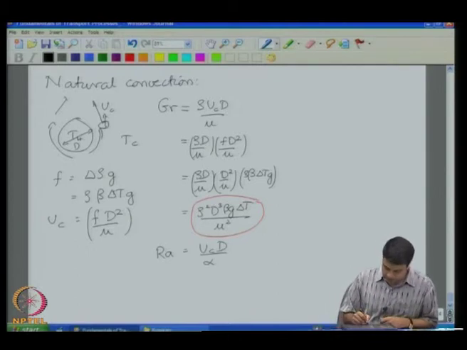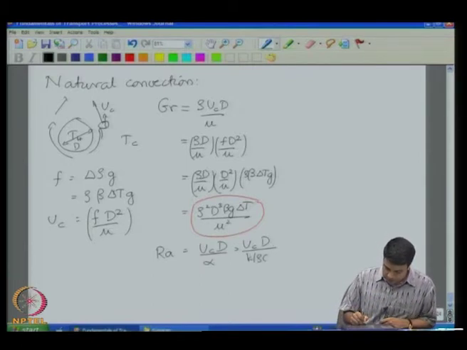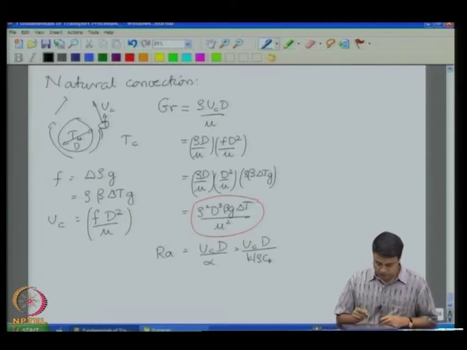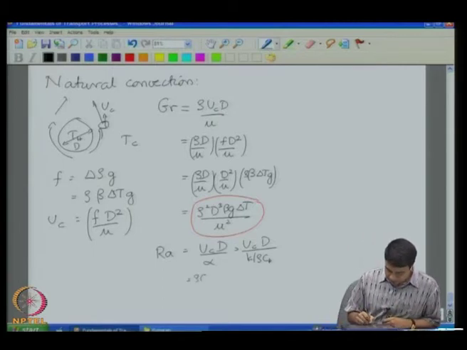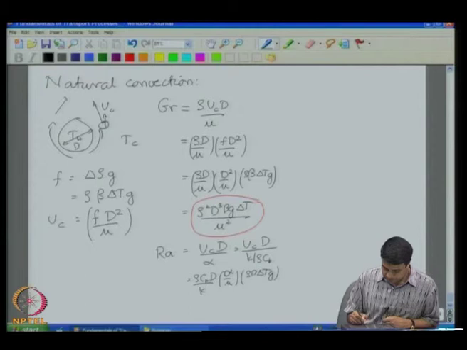And this is equal to U c times d by the thermal diffusion coefficient, which is k by rho C p. So, this is equal to rho C p d by k into U c, which was t square by mu into rho beta delta t times g.